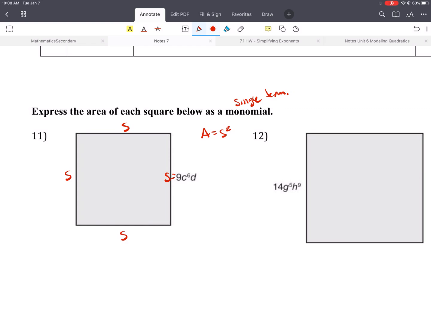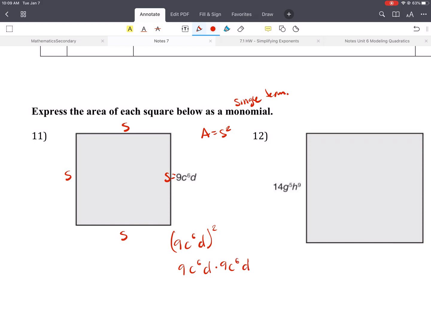Okay, so we want to write it as a single term. So to find the area of a square, what we're going to do is we'll just multiply 9c to the 6th, sorry, d, and we square it. Okay, and that's the same thing as 9c to the 6th d times 9c to the 6th d.